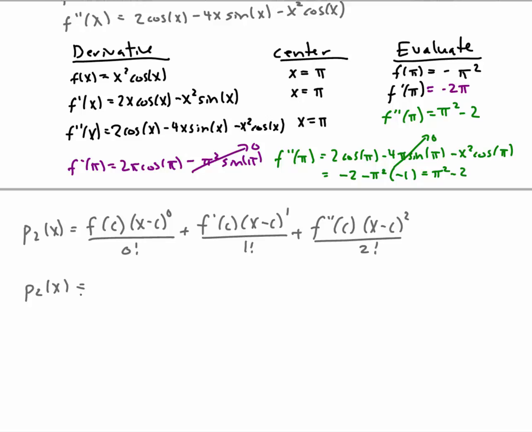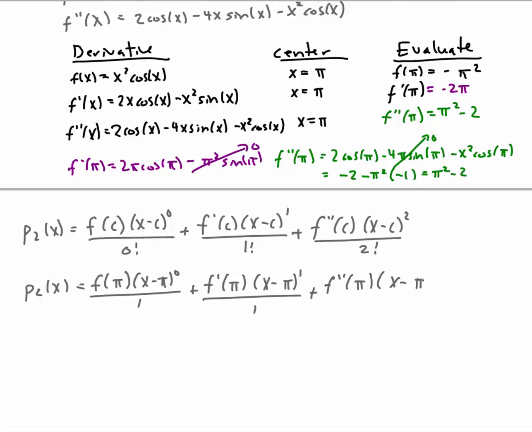Now remember, in our case, c is pi, so I'm going to go ahead and plug that in. F of pi, x minus pi to the 0, 0 factorial is 1. First derivative evaluated at pi, x minus pi to the first, 1 factorial is 1. The second derivative evaluated at pi, x minus pi to the second, 2 factorial is 2. So I have a good start here. p2 of x.